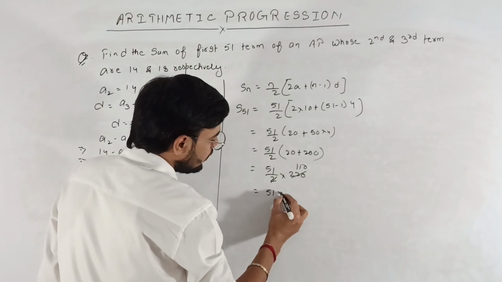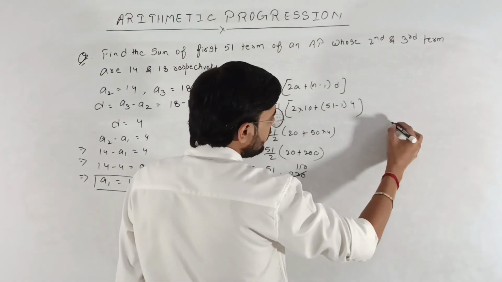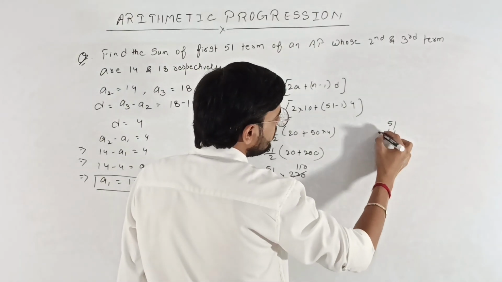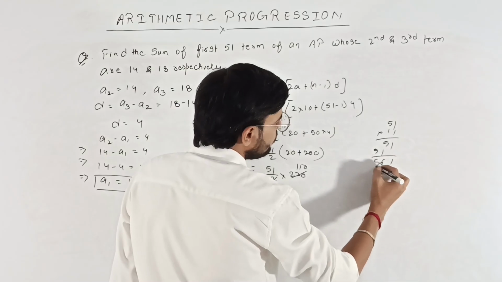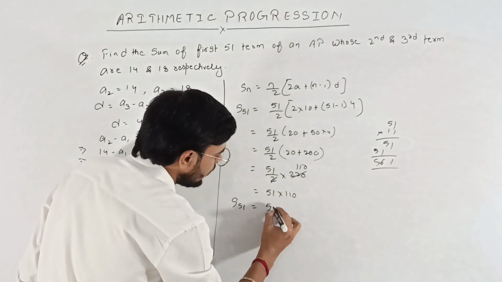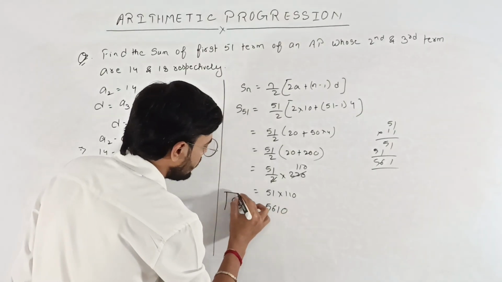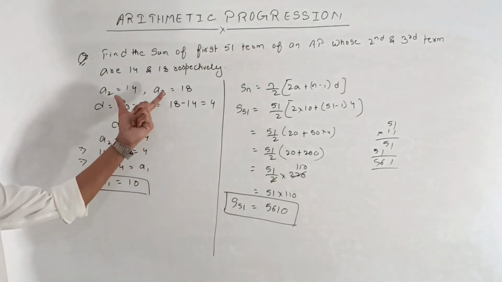Now we have 51 multiplied by 110. Now multiply: 51 into 110. So S51 is equal to 5610. 5610 is the sum of the first 51 terms of this AP.